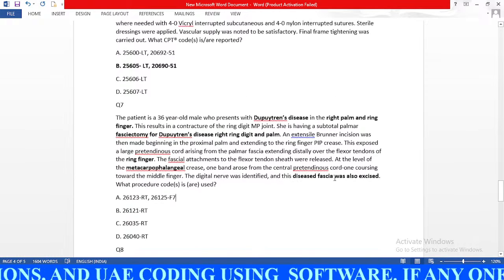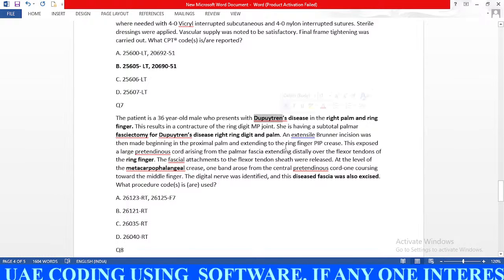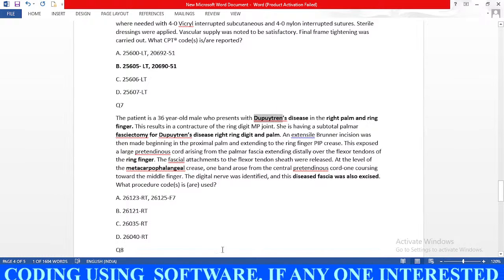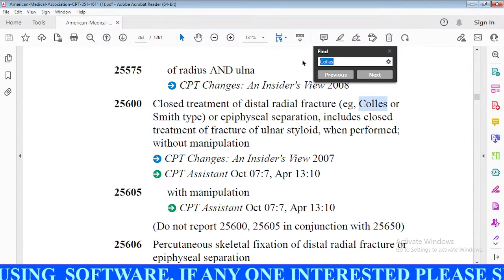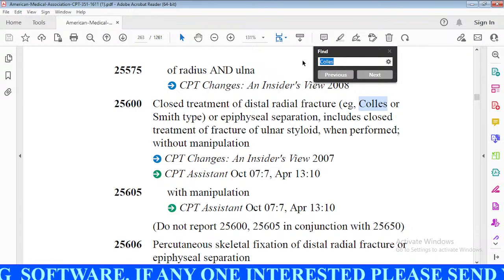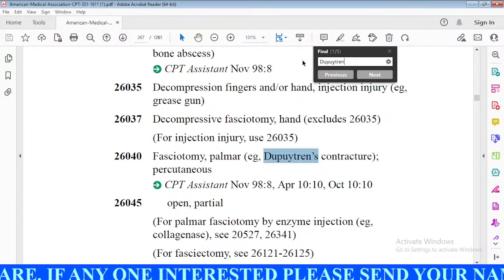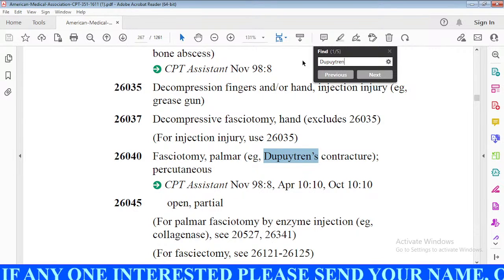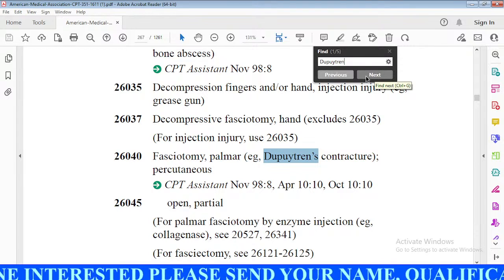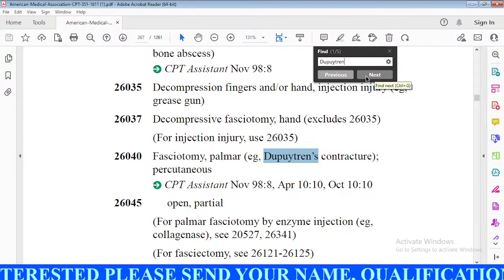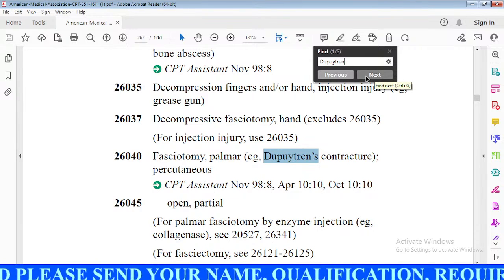So first we'll directly go and try to find the answer using Dupuytren. I think we can find that. See here. So as I told, we can find the CPT code using the condition also.